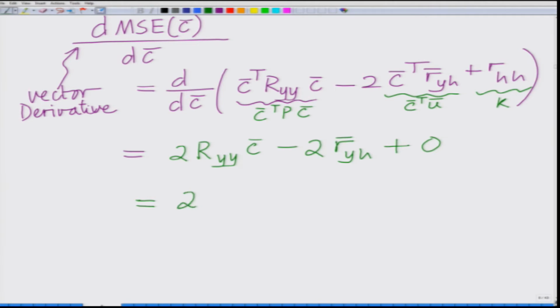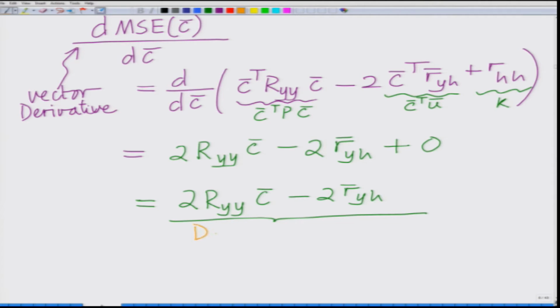So, the derivative with respect to C bar of the MSE is twice R yy C bar minus twice R bar yh. This we have already seen, the derivative of the MSE with respect to C bar.